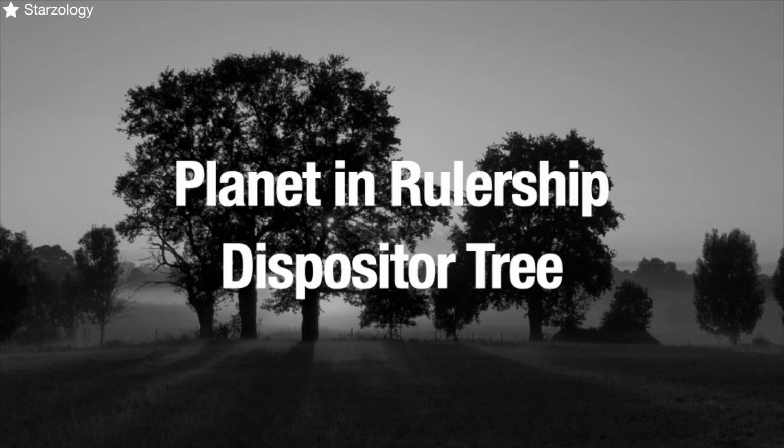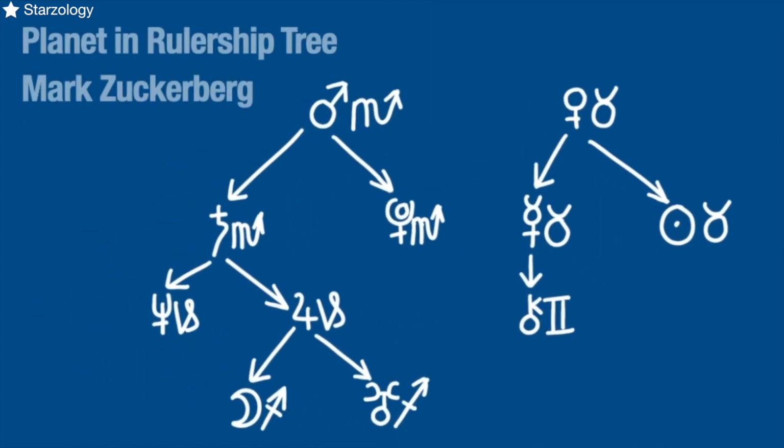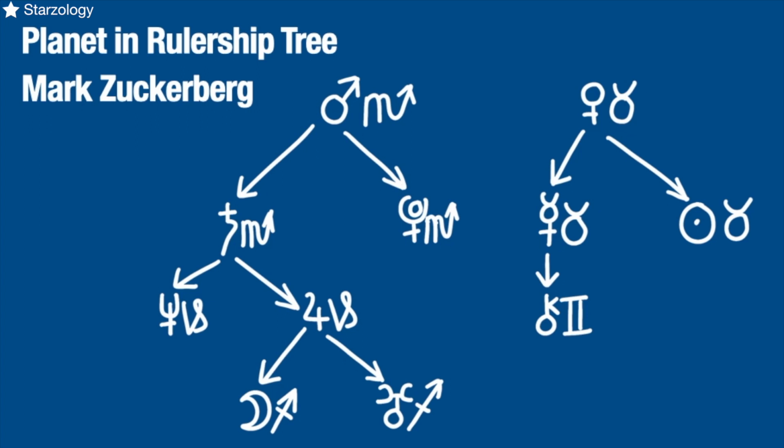Next up, we have the planet in rulership dispositor tree. The example I have here is for Mark Zuckerberg, time unknown, so you ignore the house cusps. However, you don't need to know what time someone was born to be able to draw a rulership tree, which is a great thing. So he has 2 planet in rulership trees, and he's got Mars in Scorpio on the one tree, which we would refer to as the Mars tree, and he has Venus in Taurus, which is the other planet in rulership tree, and that would be known as the Venus tree.